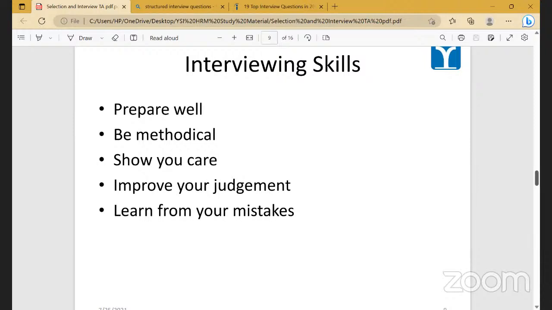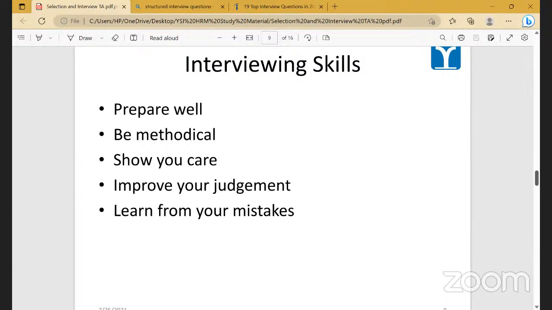The nervousness or consciousness we feel while giving an interview generally breaks down. Or maybe start with giving your introduction: I'm an HR manager, I'm working in this organization for this long, whatever you know about yourself. That will immediately break the nervousness and anxiety.